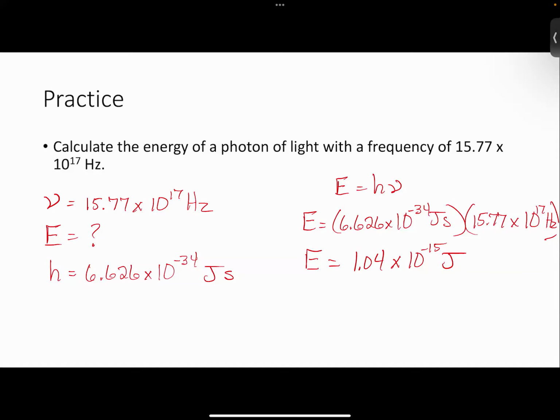If I'm recording this to the correct number of significant digits, I would record it as 1.045 times 10 to the negative 15 joules. Questions?